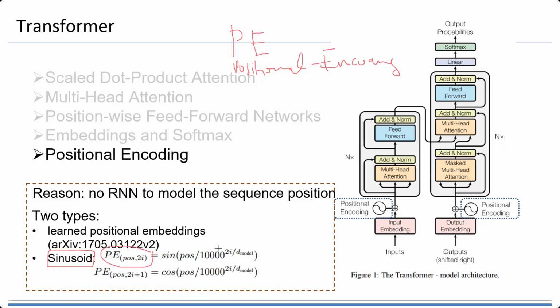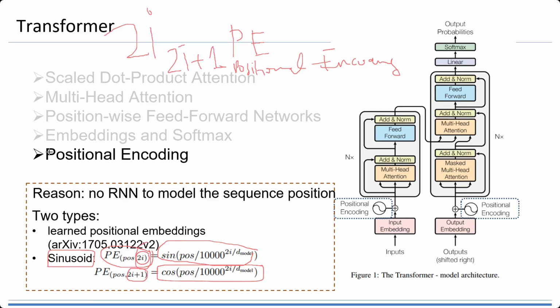The first function is using the sinus, and the second function is using the cosinus. So if you look at this one, we have PE(pos, 2i), and if the position is 2i plus 1, PE(pos, 2i+1).